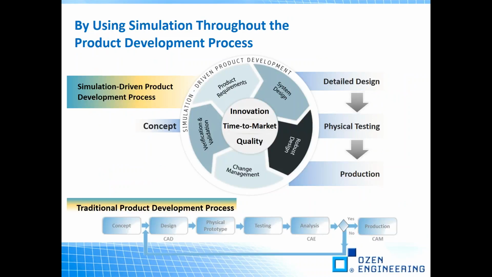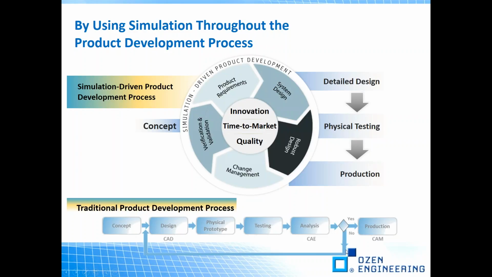Let's see how simulation can help you in your product development. Basically, simulation helps you predict how a product design will behave and how a manufacturing process will operate in a real world environment. In the old process, it was concept, design, physical prototype, and testing.